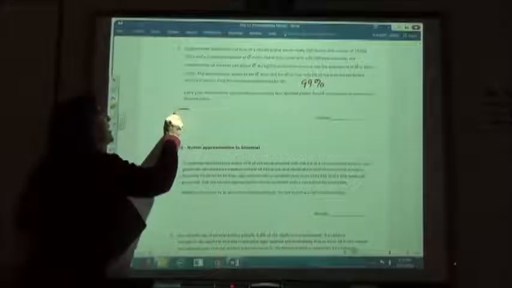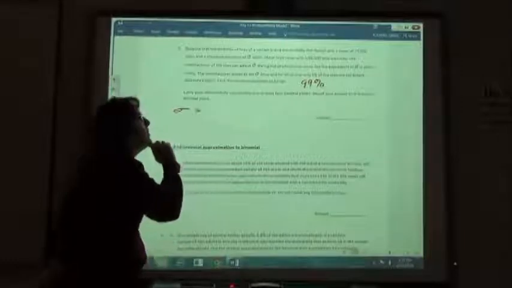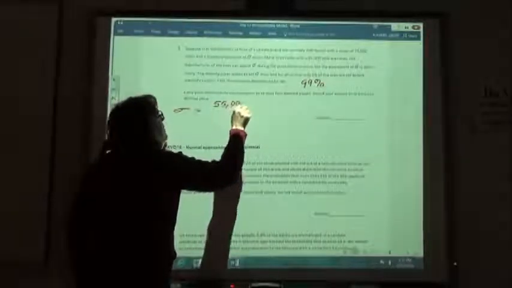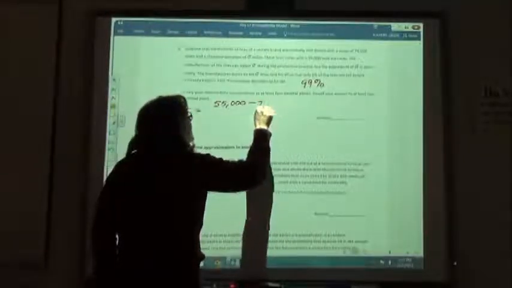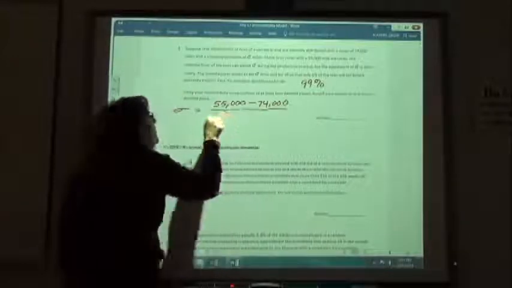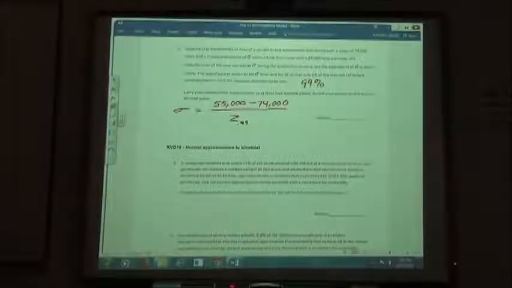So my standard deviation is going to be equal to, and what number should I plug in for my formula? The 55,000 minus the 74,000 over z sub 0.99, right?